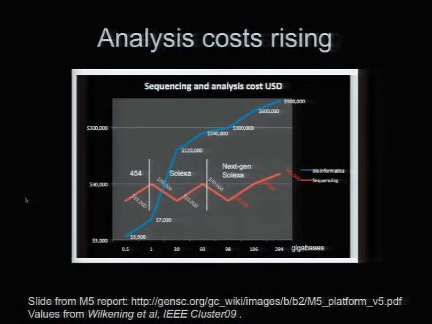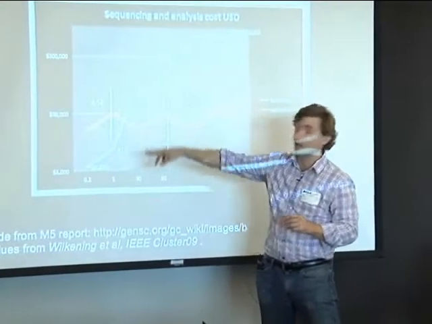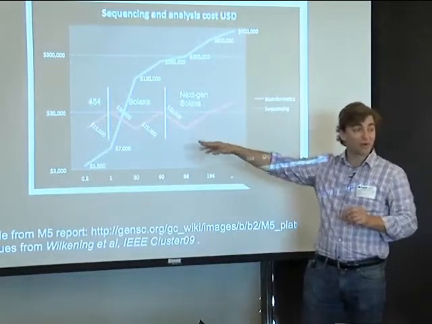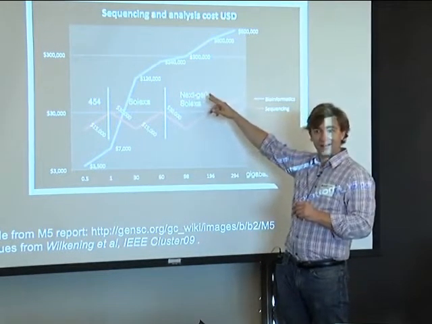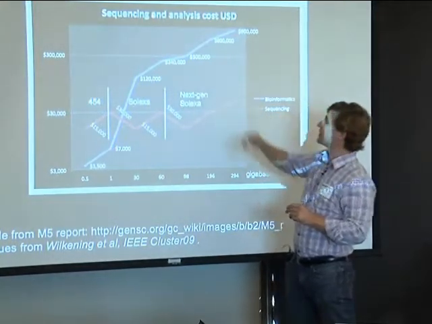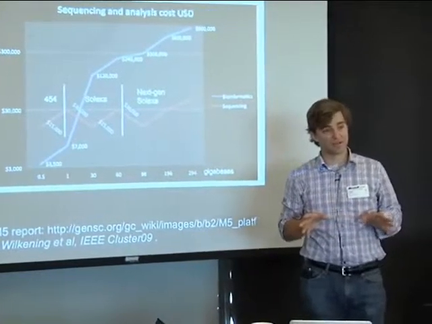It's also the case in biology, and I thought this was quite interesting. Here we have gigabase pairs, and this is a log scale cost. The cost of collecting data is staying approximately the same. The cost of then analyzing that data is shooting through the roof, close to an exponential rise, and those numbers are based on EC2 figures just as a comparison basis.